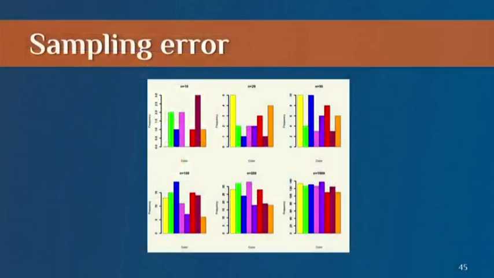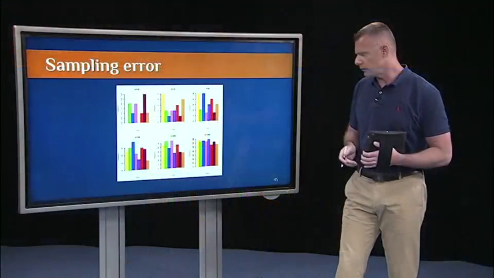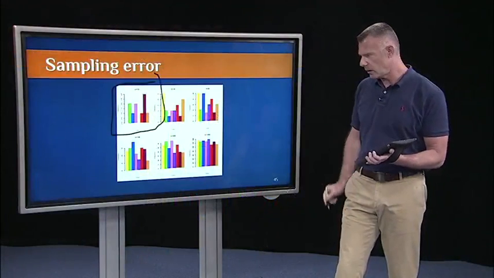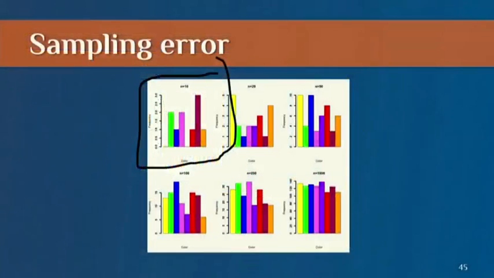Again, this should be intuitive, but I really like this illustration because you can just see it right here in these 6 graphs. And again, this was just generated randomly in R. If you look at the first one, which has a very small sample, there's only 10 individuals in that sample, we get a lot more purple, or maroon if you will, than we do, say, yellow.